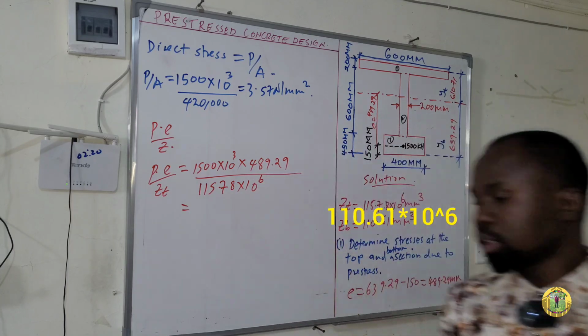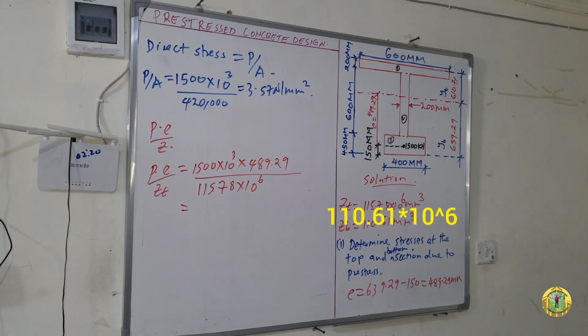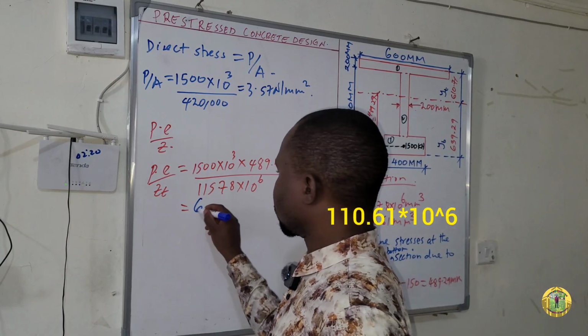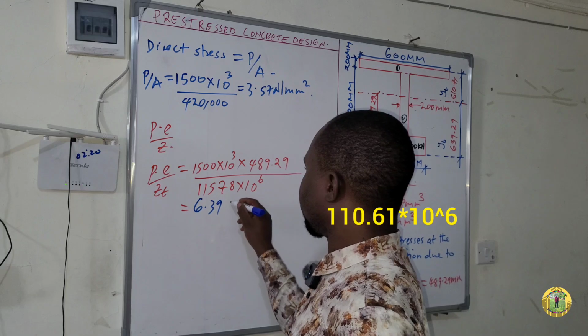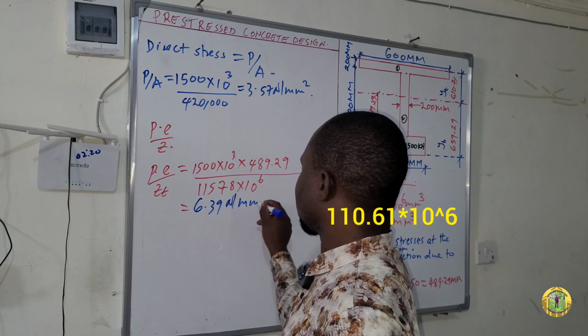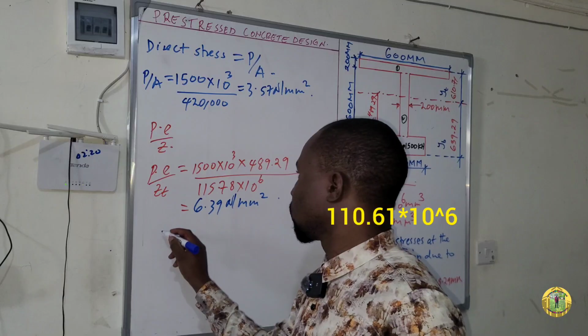So let's punch our calculator. The answer is 6.39 Newton per millimeter square.